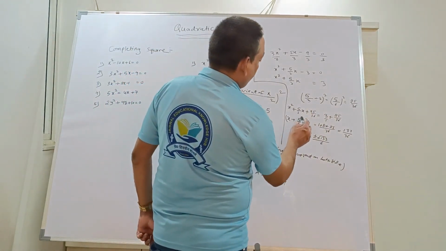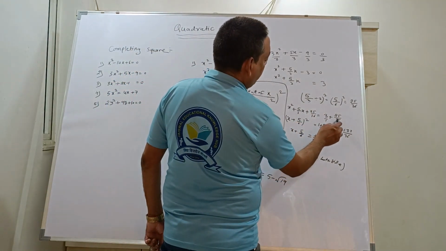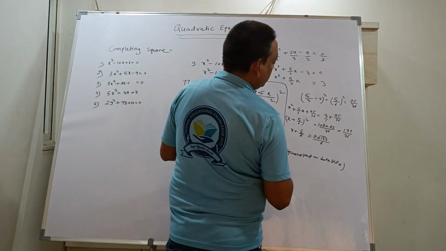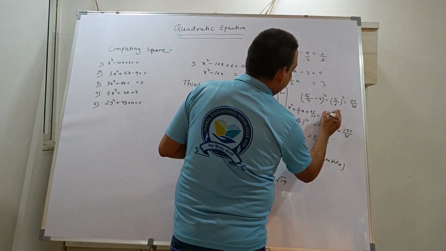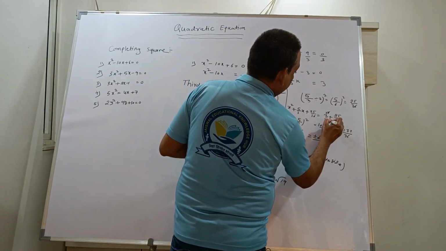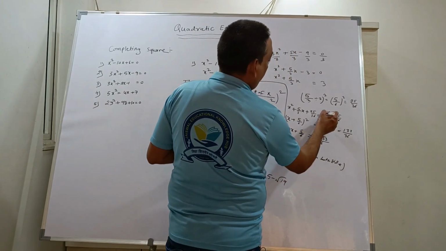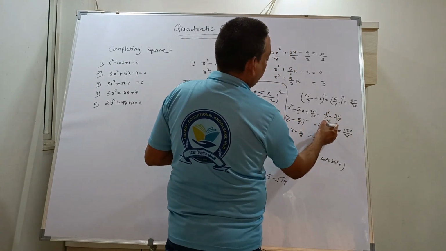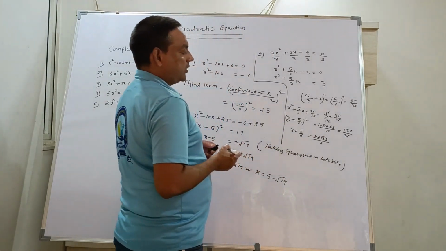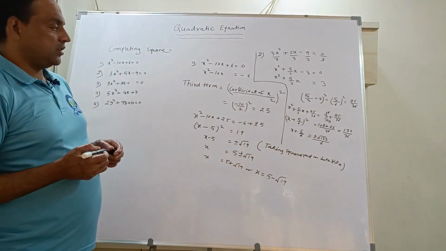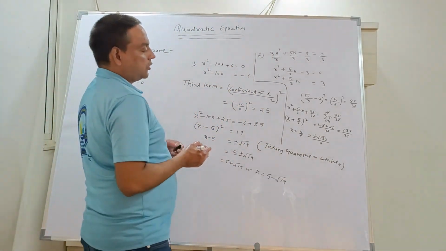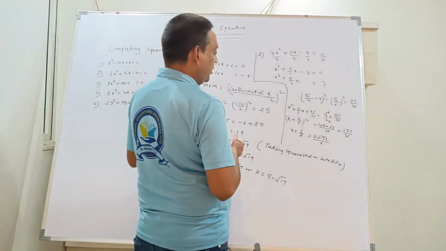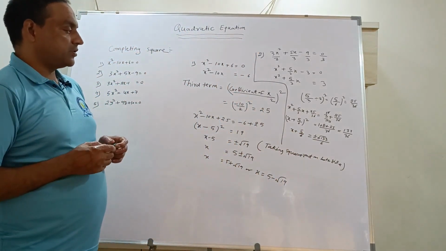Therefore x plus 5 upon 6 the whole square is equal to, take the LCM, 36 into 3 gives you 108. 108 plus 25 is 133, 133 upon 36. Then we take the square root, so plus minus root 133, and the root of 36 will be 6.